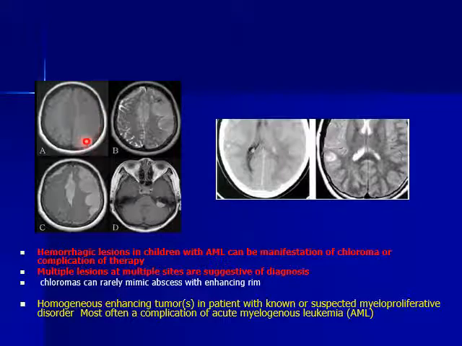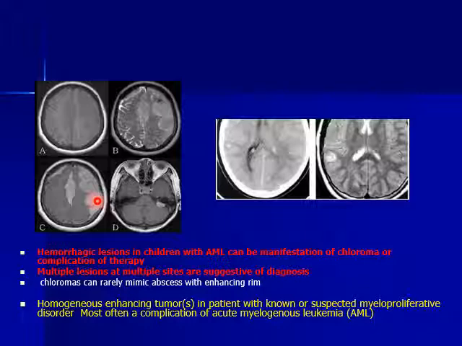Mostly as dural-based lesions, okay? All of these are dural-based lesions. If you have the history that the patient is leukemic, you should think that these are leukemic infiltrates.